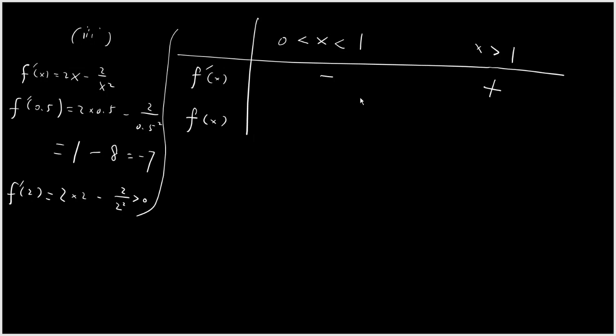Decreasing, right? When the derivative is always negative, the function is decreasing on the interval. And likewise, the function is increasing when x is to the right of 1. Okay.